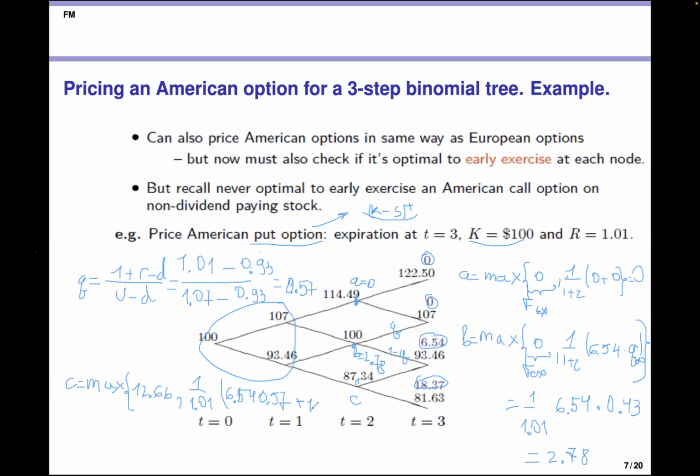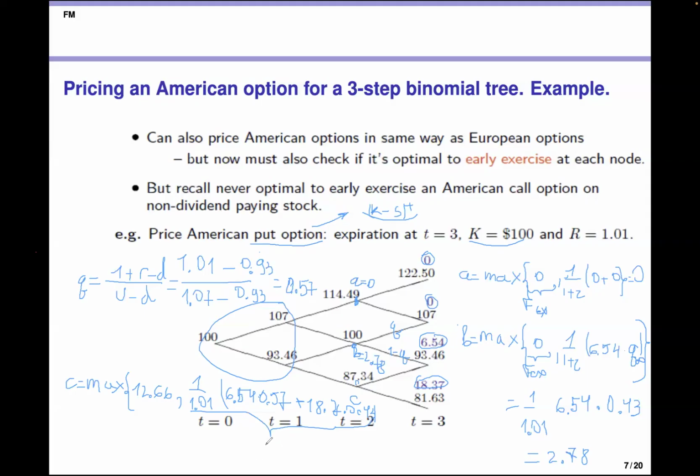18.37 multiplied by 0.43. And what is the result from this? 6.54 multiplied by 0.57 plus 18.37 multiplied by 0.43.